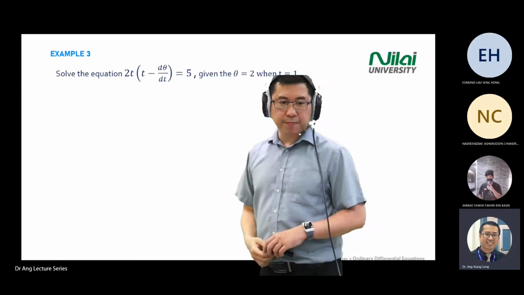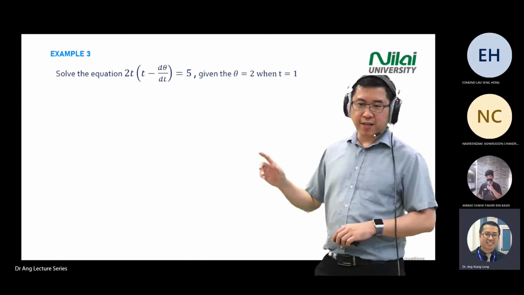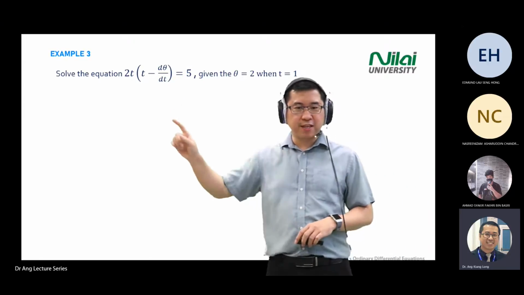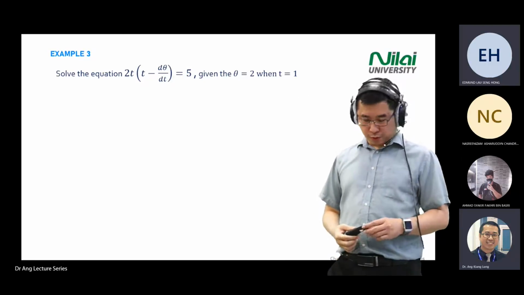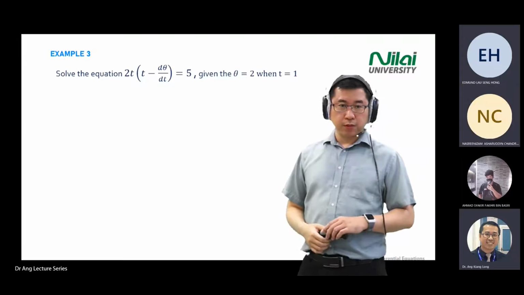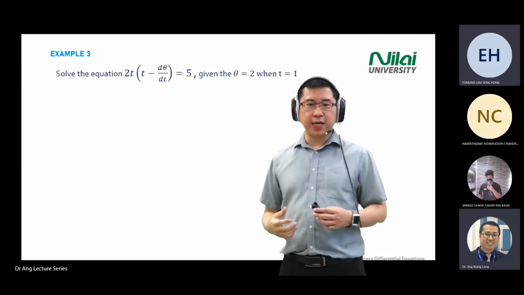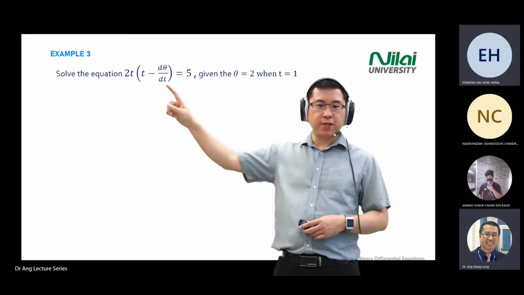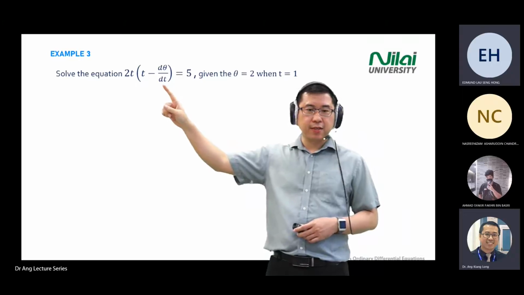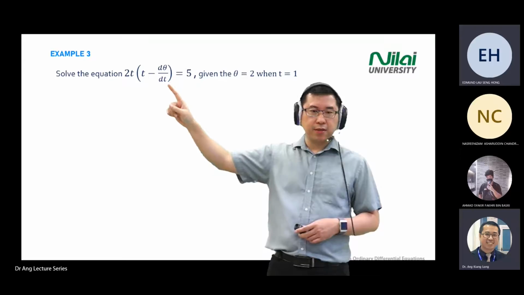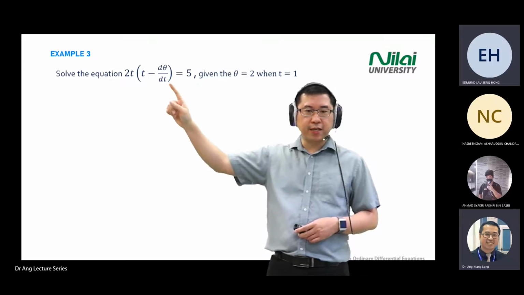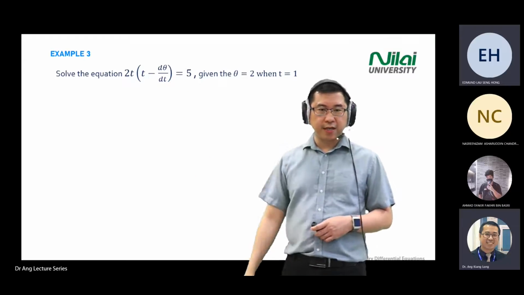Edmund, what is the first step in a differential equation? What do you do? You keep the dy dx on the left. But in this one, what is your dy dx? It is d theta over dt. So you rewrite this one with d theta over dt on the left hand side.